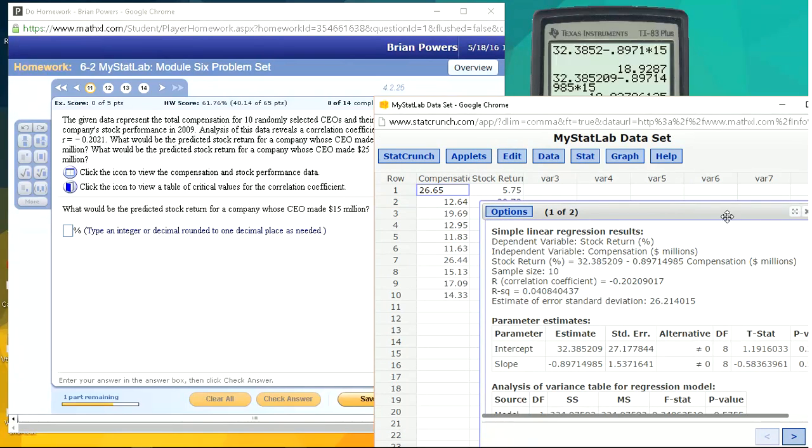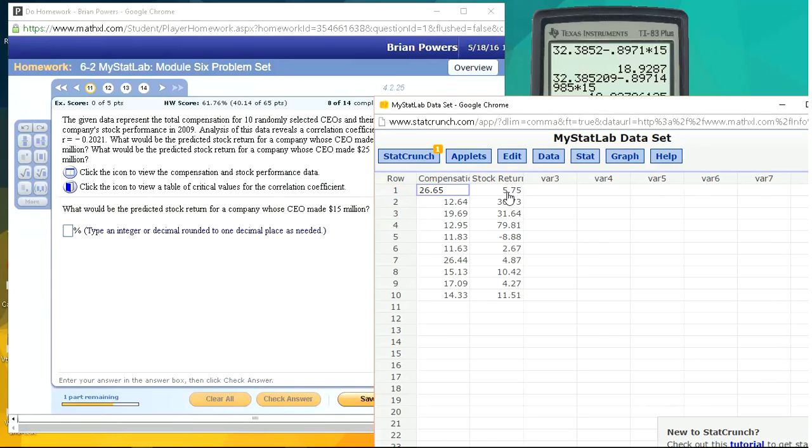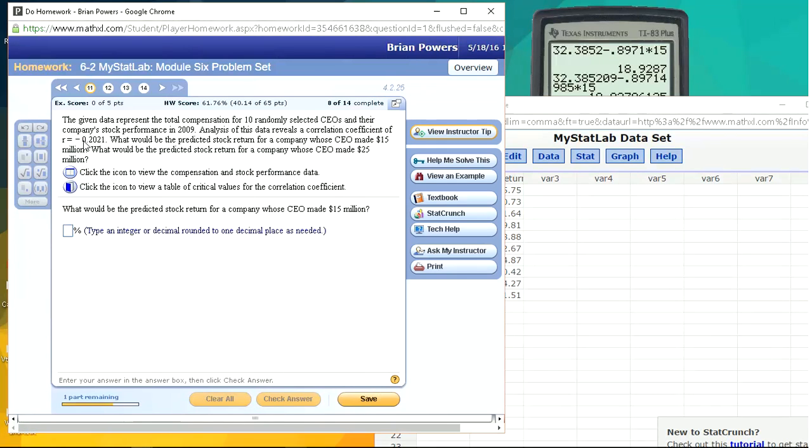Okay, so you can see what we got here. It gives us that the r, the correlation coefficient, is negative 0.021. We are asked to predict the stock return for a CEO that makes 15 million.